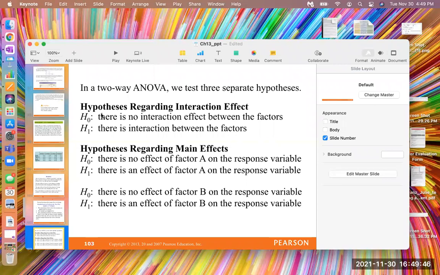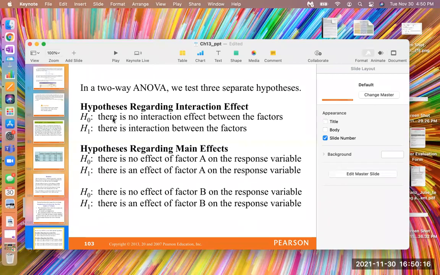So the first hypothesis test is for interaction. The null hypothesis is that there's no interaction. We always assume there's none. And if we reject the null, if our p-value is small for interaction, then we say, hey, there is some interaction going on.